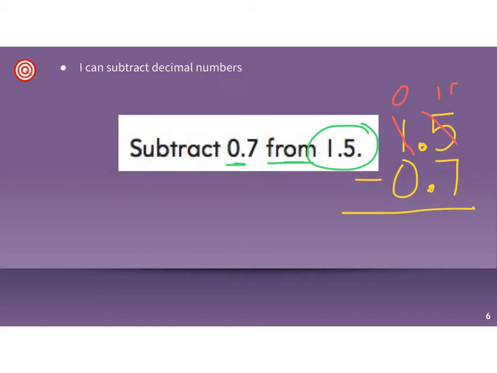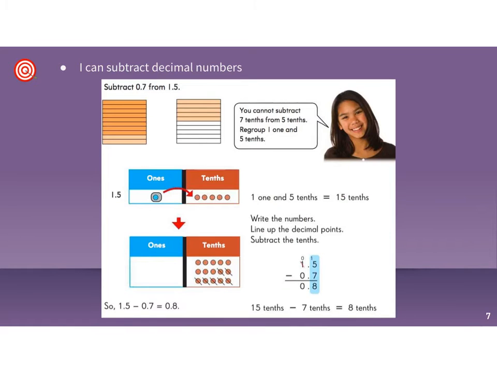So that means then if I bring those 10/10 over, I now have 15/10. 15 minus 7 is 8. Bring down the decimal point, and then 0 minus 0 is 0. So 1 and 5/10 minus 7/10 will be 8/10.